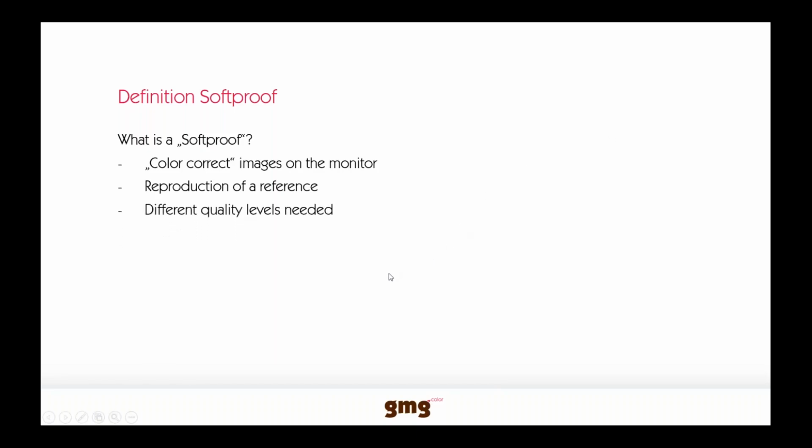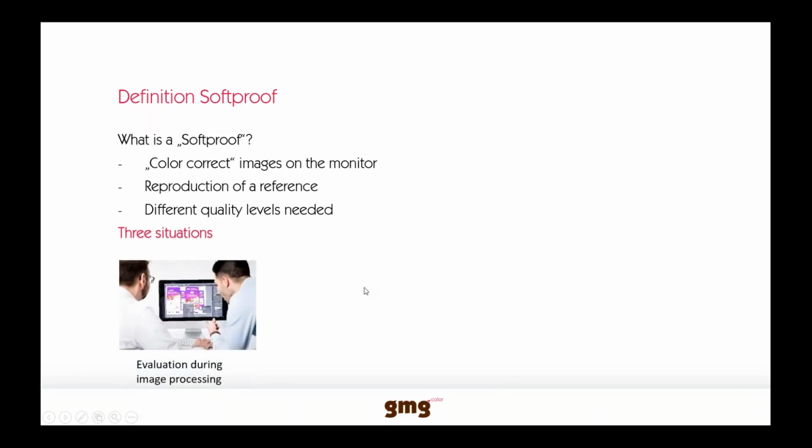Depending on which case of softproofing you have, different quality levels are needed. So we divide into 3 situations of softproofing. The first one is evaluation during image processing. So when you make your artworks and your different adjustments like text corrections, etc., you also evaluate and adjust your colors.